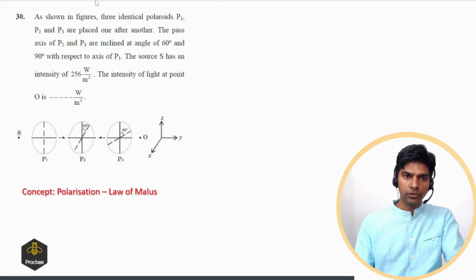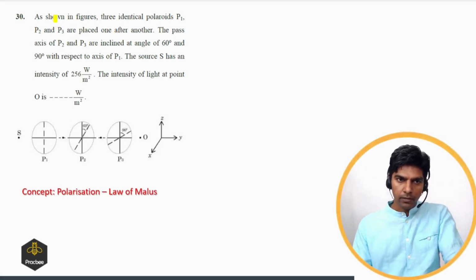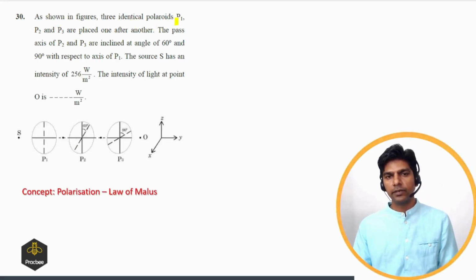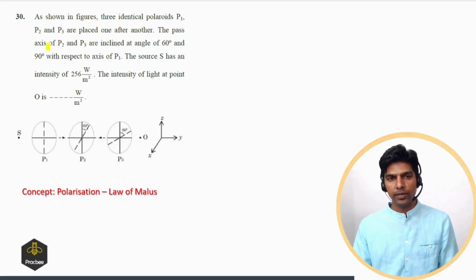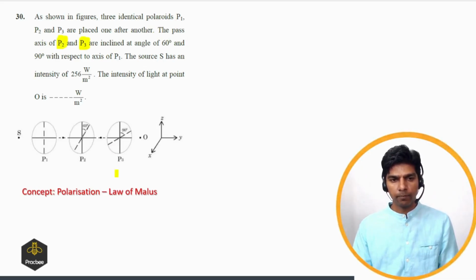Right. So let us see this question. As shown in the figure, three identical Polaroids P1, P2 and P3 are placed one after the other. The pass axes of P2 and P3 are inclined at 60 degrees and 90 degrees with respect to P1.